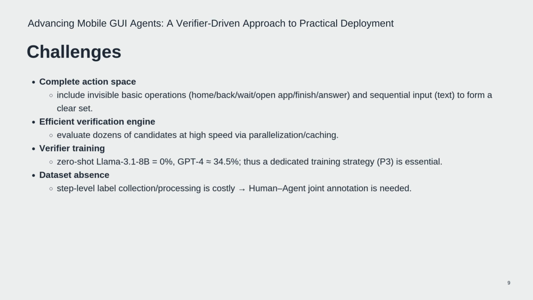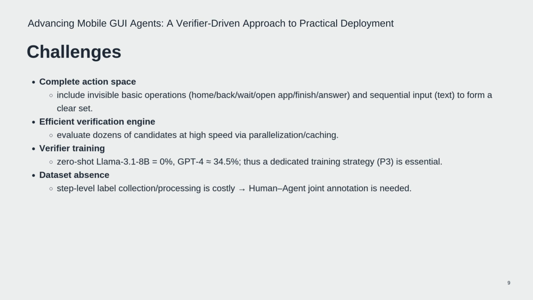Third, verifier training. Perhaps the biggest challenge. If they take a pre-trained LLM off the shelf and use it as a verifier, how well does it do? It turns out not well at all. A small 8 billion parameter model like Llama without training basically fails completely, zero success rate at judging the correct action in their task. Even GPT-4 zero shot only gets about 34 to 35 percent success on their benchmark.